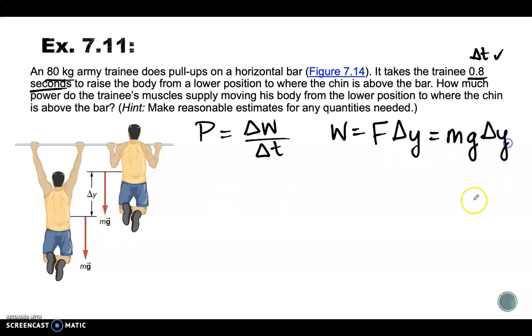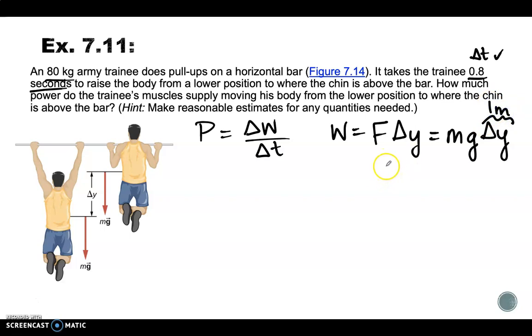So delta Y, we can use some estimates. We'll say that maybe he moves up 1 meter, maybe 2, I'm not sure. Let's see. I'd say maybe a meter. Let's keep it simple. We'll just claim that this delta Y is 1 meter.